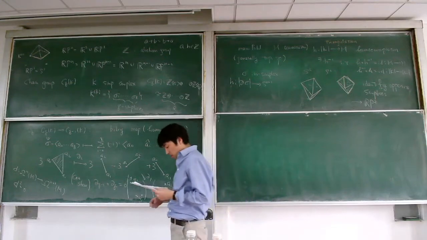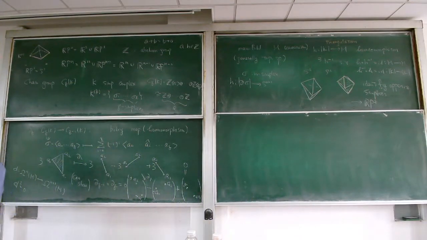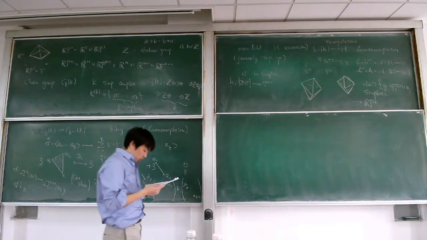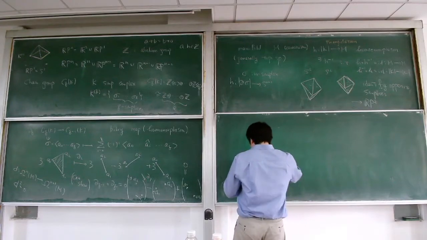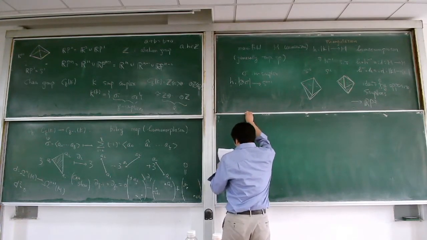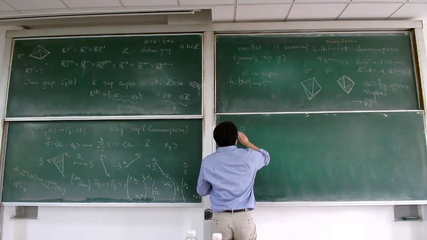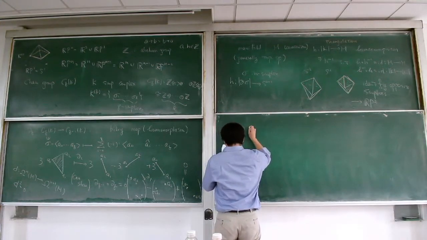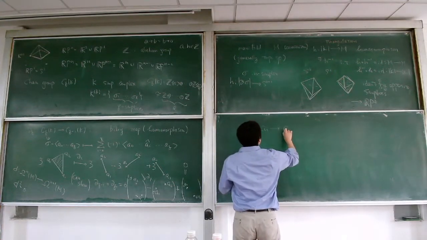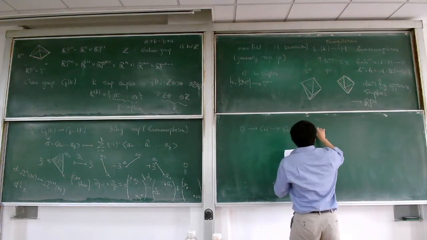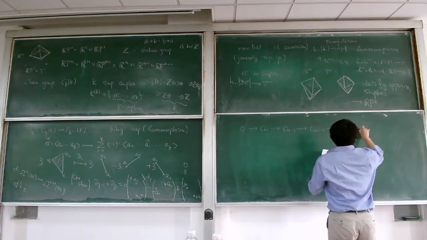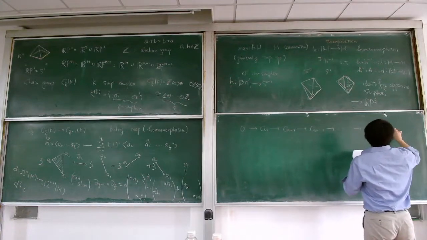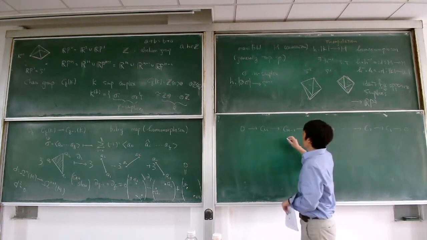So then you can have a chain complex, and you just apply the boundary map.